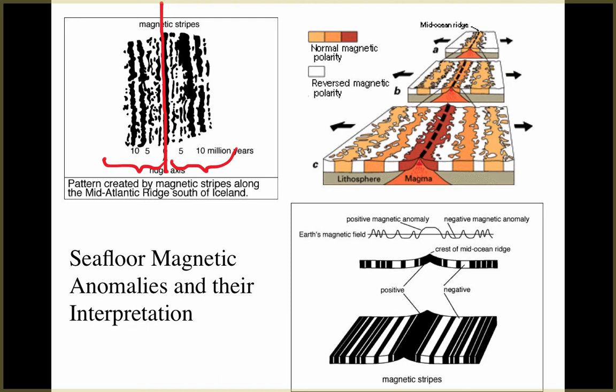As magma rises to the surface of the mid-ocean ridge and the ocean crust forms with the plates spreading apart, magma formed at the present day is formed with normal polarity, positive polarity. Magma formed 1 million years ago has negative polarity because at that time the Earth's magnetic field was reversed. And so on into older and older crust as we move away from the ocean ridge.